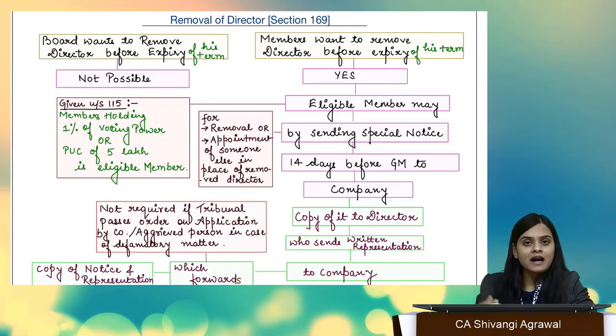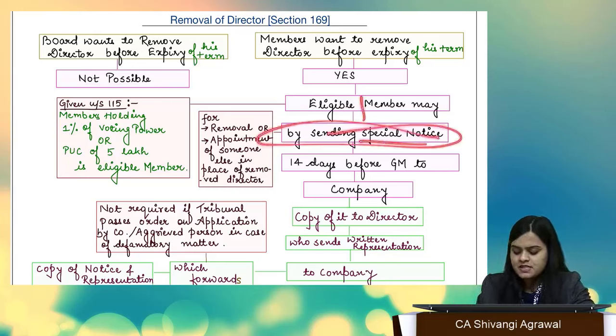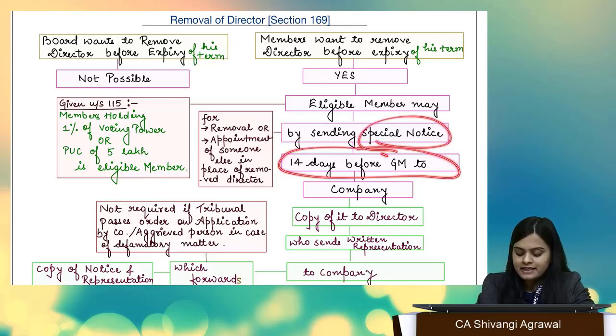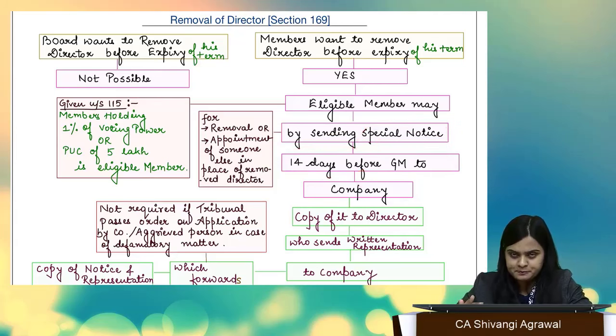So if you have the eligibility to send a special notice, send a special notice. This is just a name, nothing very special about it. It's just that this notice has to be sent 14 days before the general meeting to the company. General meeting, any meeting, AGM or EGM.